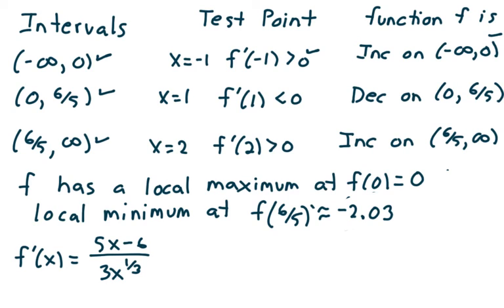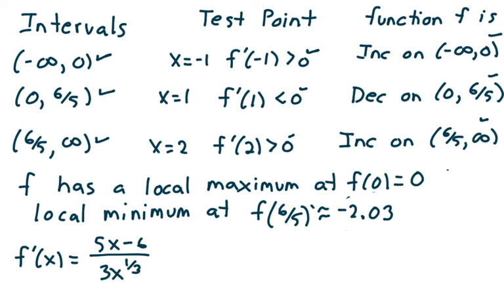I plug 1 into the first derivative, and I find that f prime of 1 is negative, so the function is decreasing on the interval from 0 to 6/5. And when I plug x equals 2 in the first derivative, I get f prime of 2 is positive, so f is increasing on the interval from 6/5 to infinity.